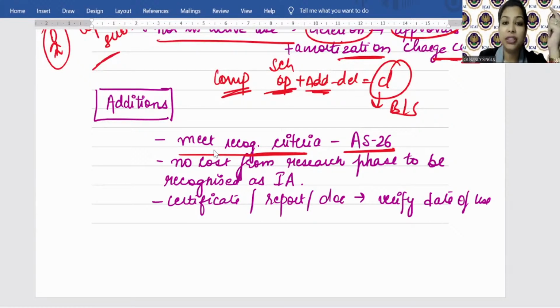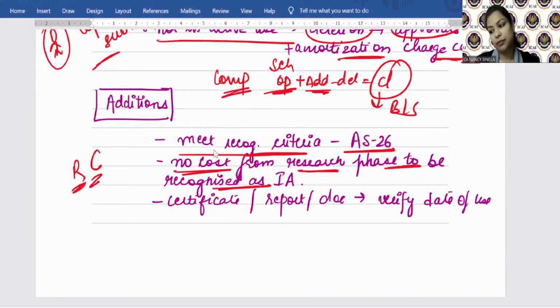Further, there we would see whether it will be revenue or capitalized. Here, no cost from the research phase is to be recognized as intangible assets. Since expenditure is happening in the research phase, we do not yet know whether the intangible asset will be created or not.